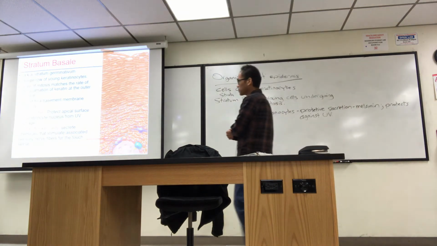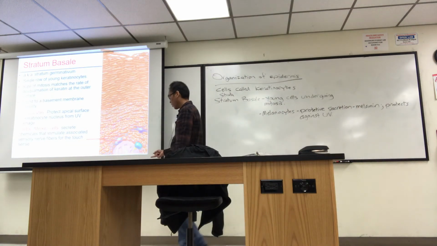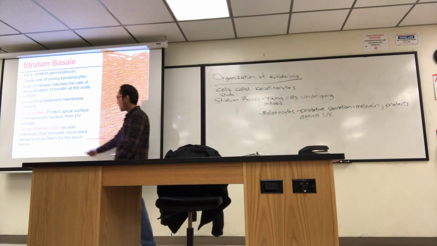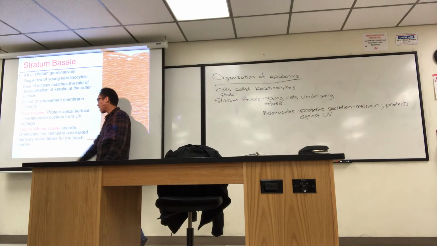Since it is the bottom layer, it can communicate with the nerve endings. You have some cells that have a tactile touch function. These tactile cells are called Merkel cells.